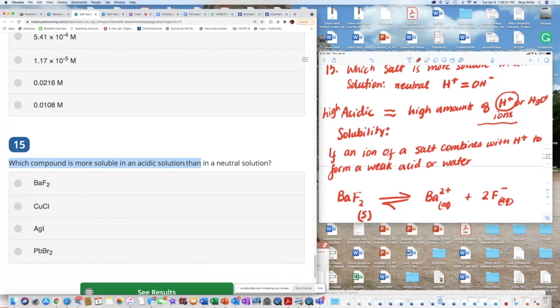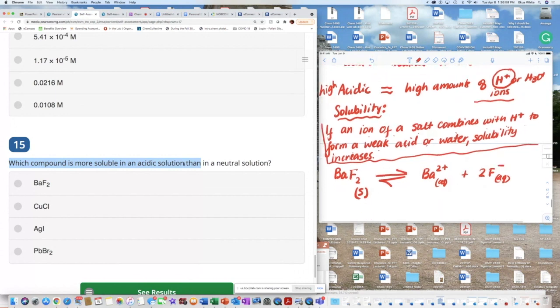Oh, I said it a lot better today versus the last time I covered this. Okay, this is the rule we are applying to judge which one will be more soluble.